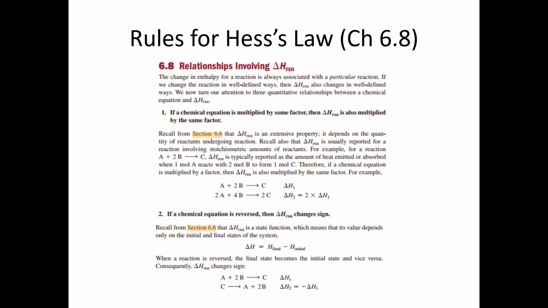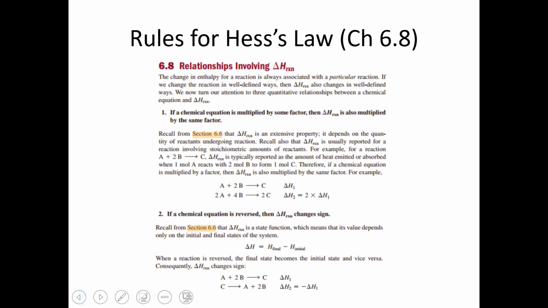So that is one example. And then the second kind of rule to know is that if you flip a reaction around, the delta H will flip in sign. So in this example, going from A and 2B to C is delta H1. If you flip that reaction around, the delta H becomes negative.